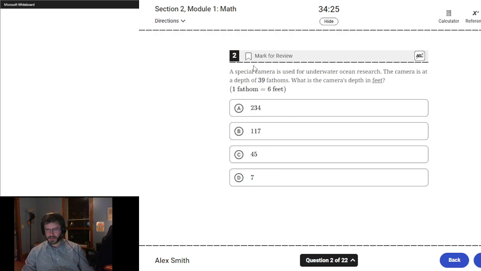Here we have different descending numbers. We're making a conversion, fathoms to feet. So no craziness. 39 fathoms is how many feet? So 39 fathoms times 6 feet per fathom, 1 fathom.